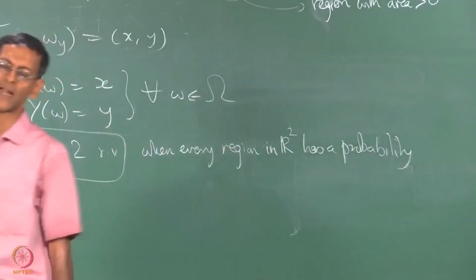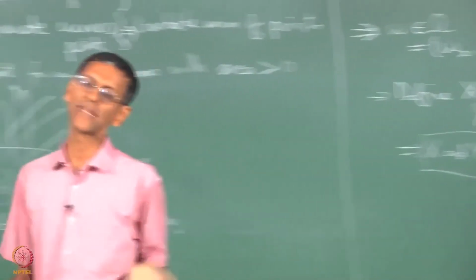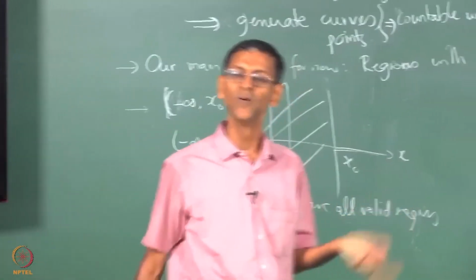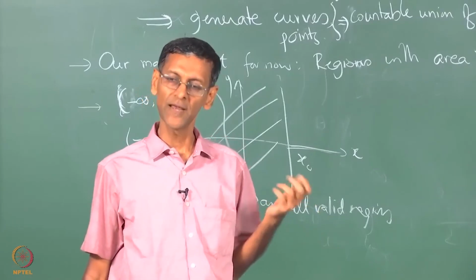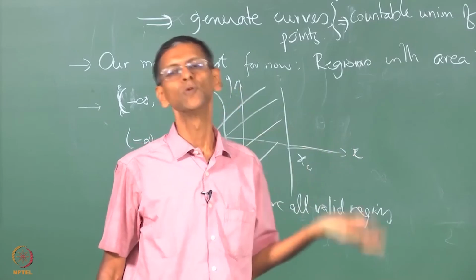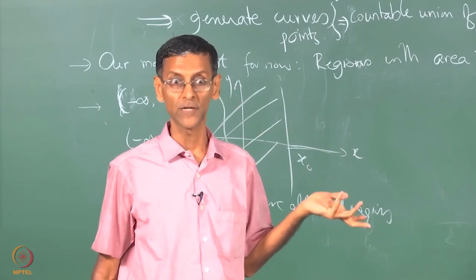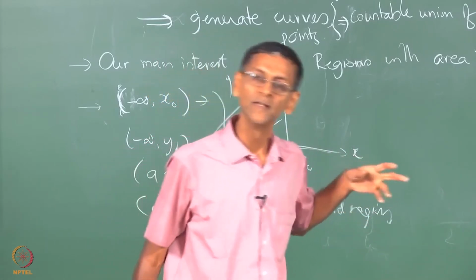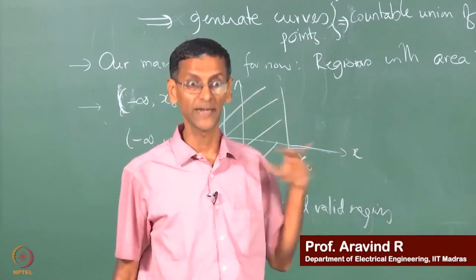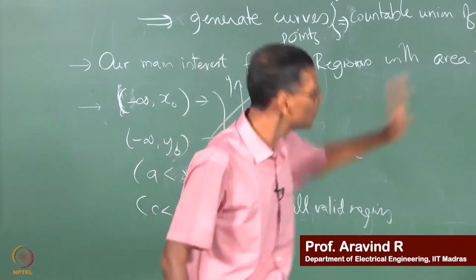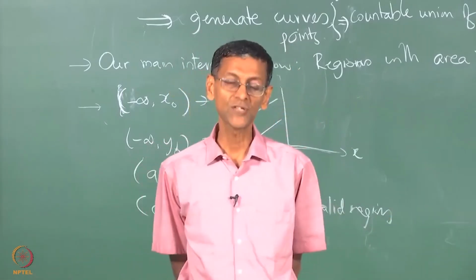So this is the most important idea here. You can always take components of the space as random variables when you assign every region a probability. So there won't be any theoretical issue that you are going to run up against. So the question is, how do you assign probabilities to regions?